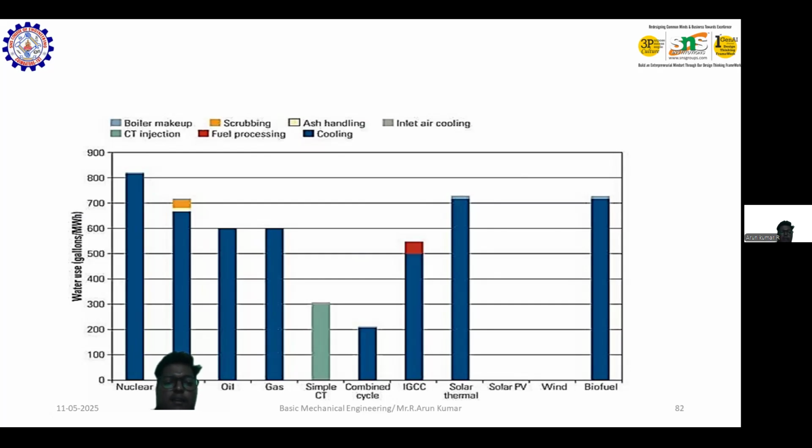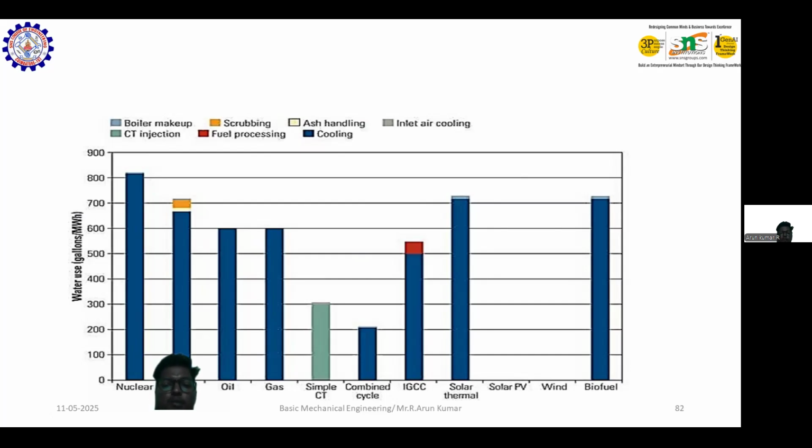IGCC is a combination of water usage and fuel process: water usage up to 500, and above 550 is fuel processing. Solar thermal has a water usage of about 700, and the balance is 1% boiler makeup. The solar power plant does not need water, and wind also does not use water, so I have left a blank space.